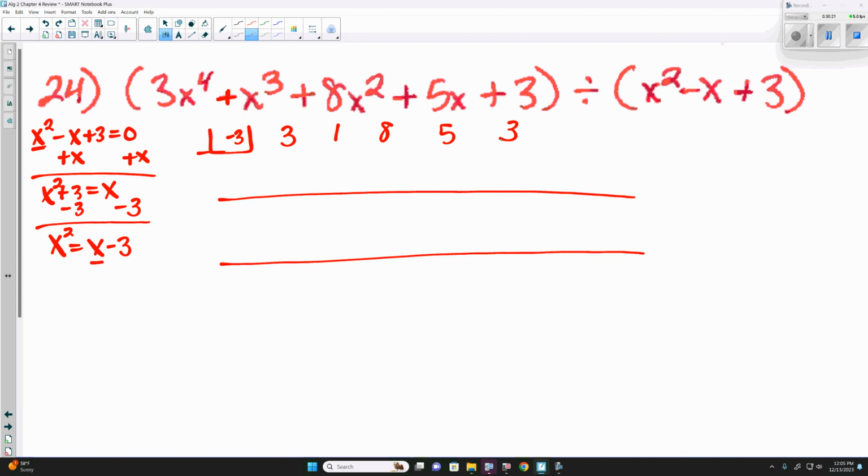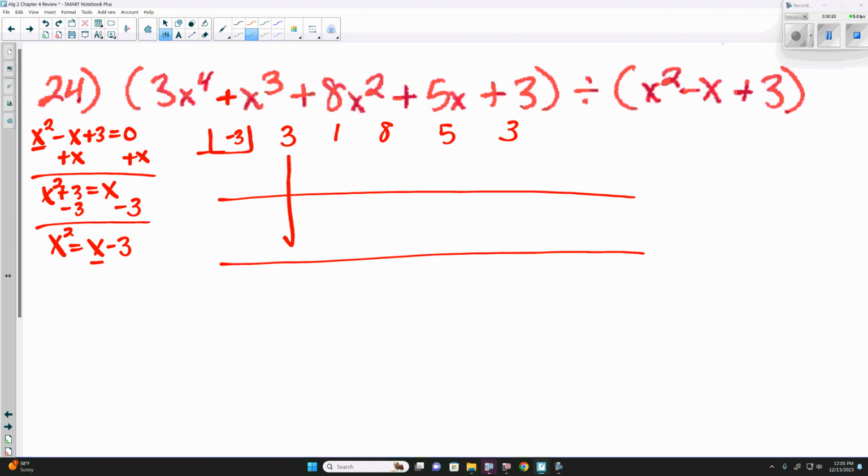Our biggest exponent with a variable is 4, so we need our fourth power, third, second, first, and constant. And we do have them all. Another way to check is the number of terms going across the top, not inside the cubby, should be one more than the degree. The degree is 4, so we should have 5 terms. 3, 1, 8, 5, and 3 is a total of 5 numbers, so they're all there. Questions on this here?